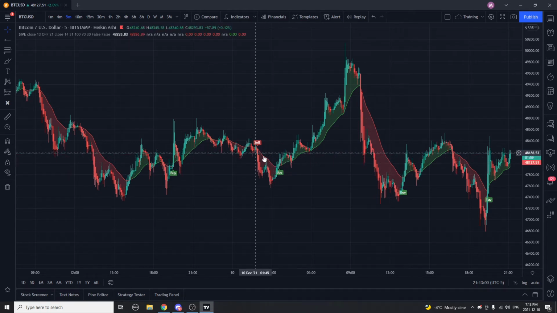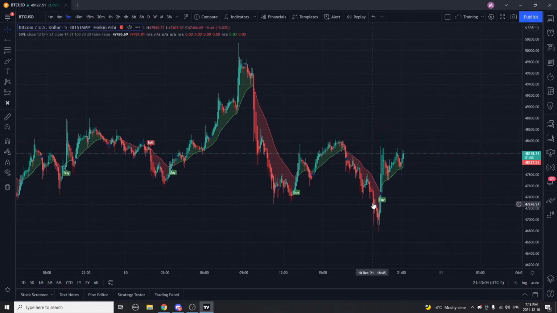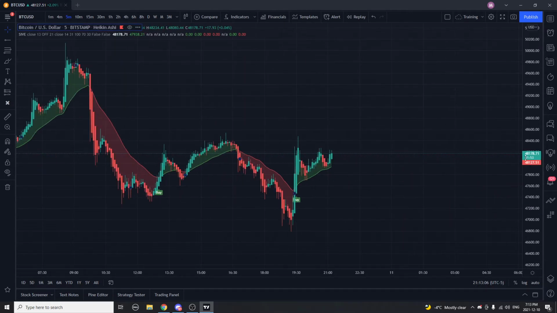Now, I know a lot of the arguments on Heikin-Ashi is it doesn't give you the actual price close. Like right now, the Heikin-Ashi candle here is at 48,171, but the true price is 48,132.